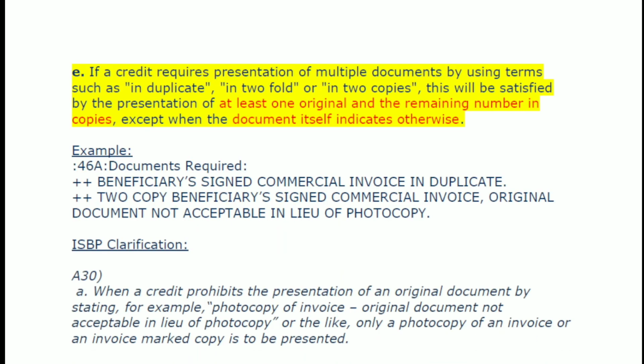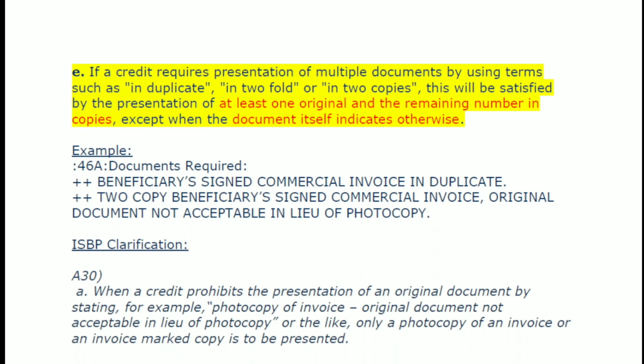Let's understand this clause by the example given below. If an LC calls for a beneficiary signed commercial invoice in duplicate, then it will be satisfied by presentation of at least one original invoice and one copy invoice.